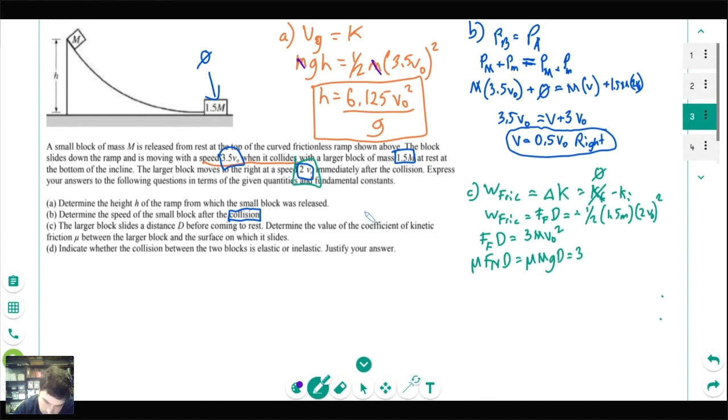And this will equal 3 m v naught squared. Just like in the previous example, we can get rid of the m's, and those can disappear. And now we're just solving for mu. So all I really have to do here is divide by the d, divide by the 3, or sorry, divide by the g, and I will get mu is equal to 3 v naught squared over g d. And there's our answer to that one.